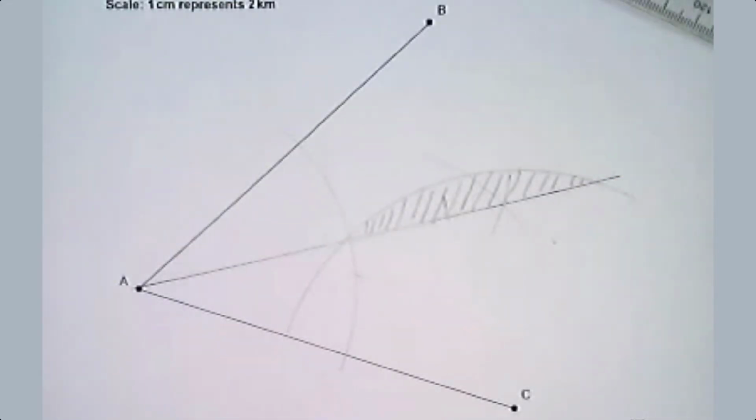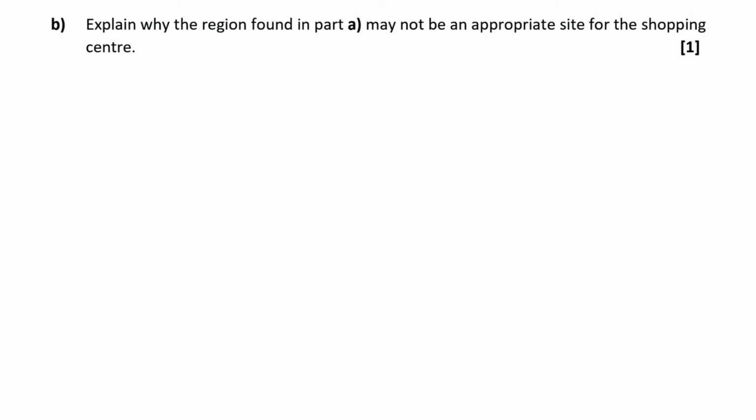Okay, that's it. Part B says, explain why the region found in part A may not be an appropriate site for the shopping centre. Now, there are lots of different reasons you can give for this. I'm just going to say that, well, the given lines we assumed were straight, and they may not be.